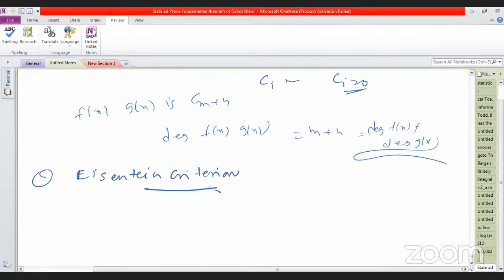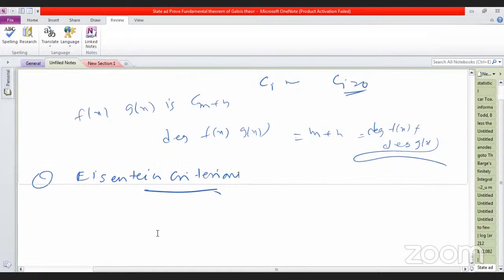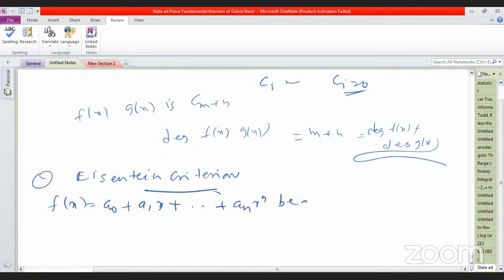Eisenstein criterion. See here, this is the most important in the 12th unit. I'm writing the statement. Let f(x) equal a0 plus a1x plus ... plus an x^n be a polynomial with integer coefficients.